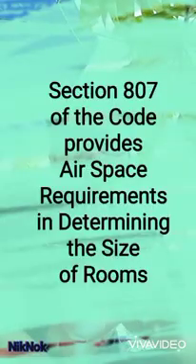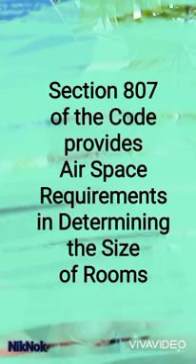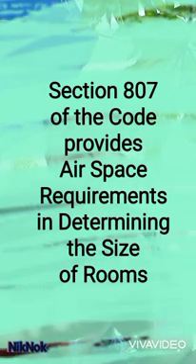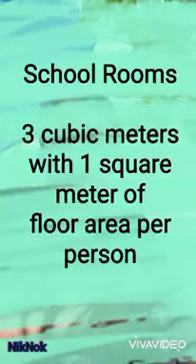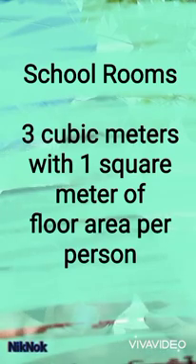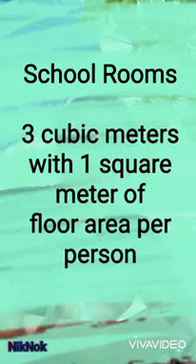Now, Section 807 contains the provisions of the code on airspace requirements. In schoolrooms, we have 3 cubic meters for each individual, with 1 square meter of floor area per person.